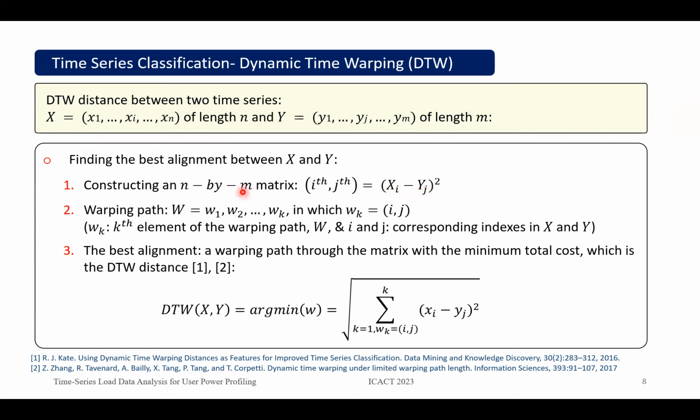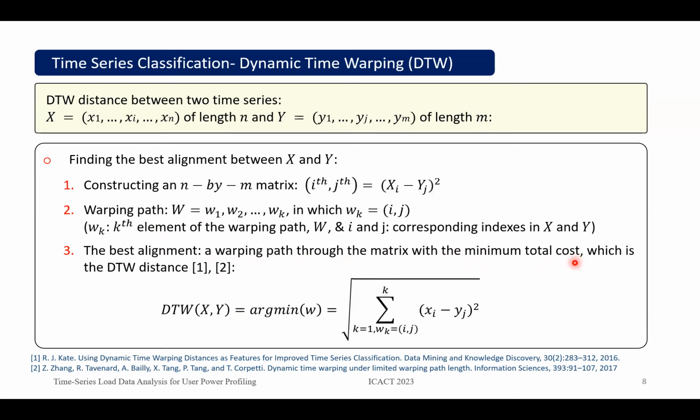In the next step, we need to find a warping path W, where each data point of this series is the coordinates of the corresponding data points in X and Y. We can find different warping paths, but the best alignment should be selected: the warping path through the matrix with the minimum total cost.